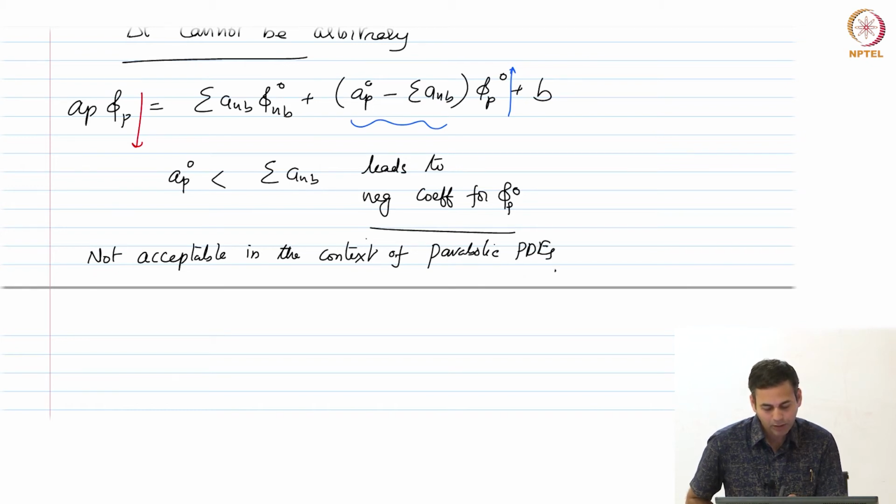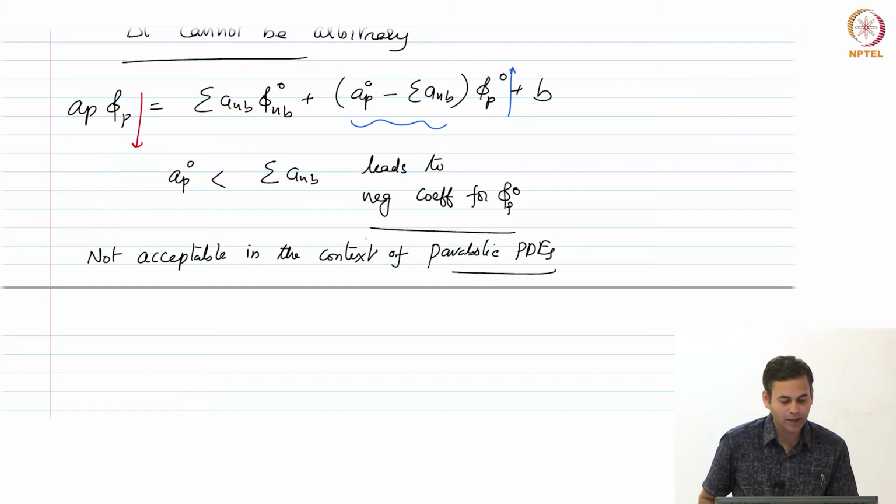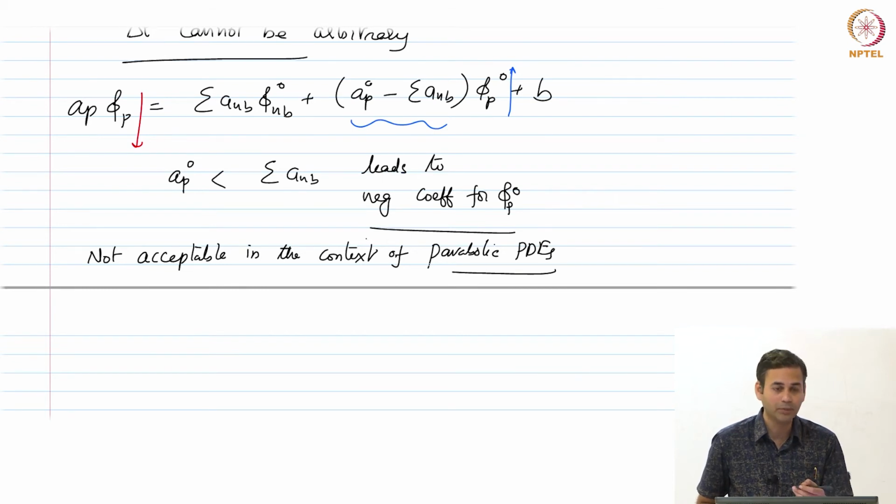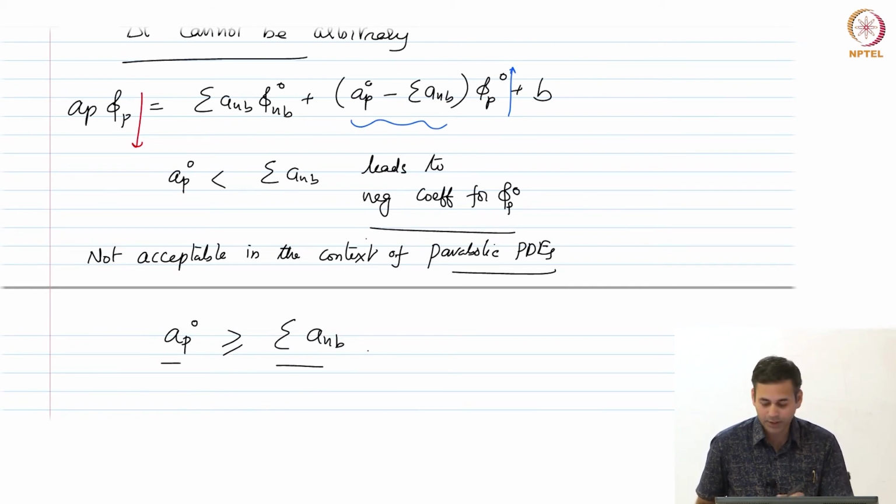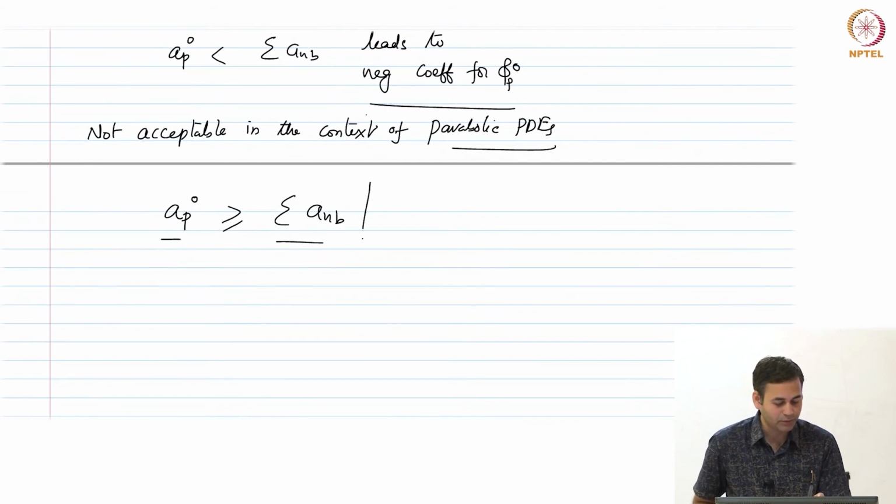As a result, we have to make sure we meet this condition: a_P^0 has to be greater than or equal to sigma a_nb. That is the condition we have to satisfy.